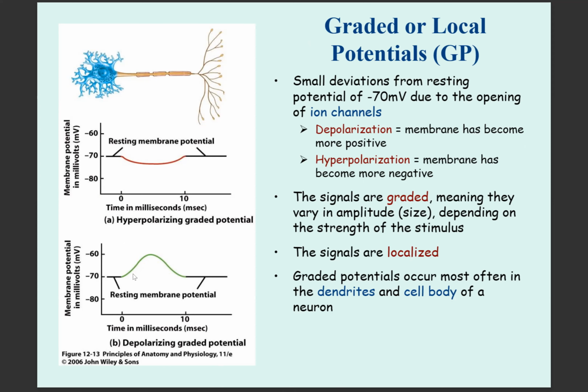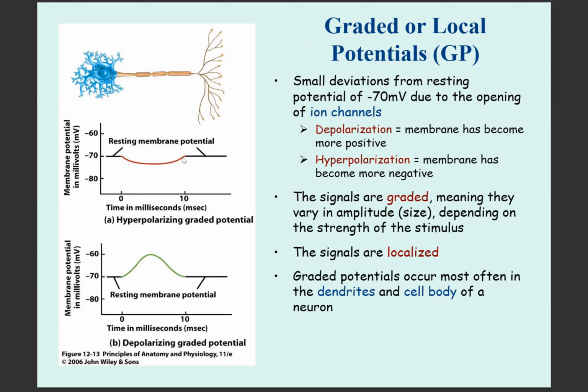But if it is depolarization, you see the charge actually going up, so it will be becoming more positive. But in the hyperpolarization stage, the membrane potential will be becoming more negative, whilst in the depolarizing graded potential, you are going to see the membrane be more positive.